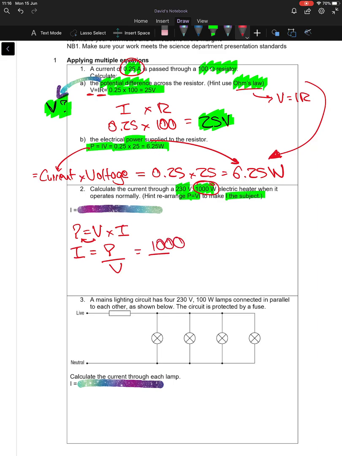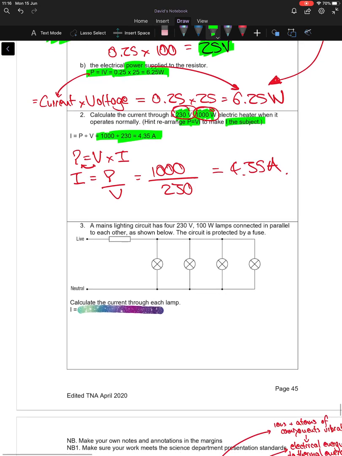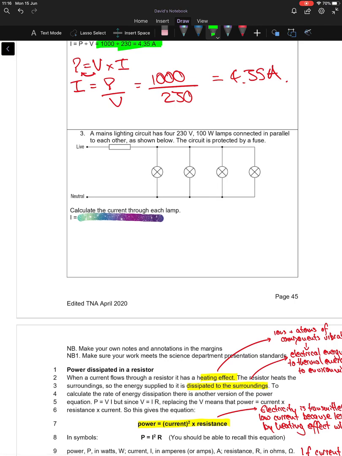What's our power? Hey, what is our power? 1000. What's our voltage? What's got a V next to it? 230. Divide them. Give you 4.35 amps. And as you'll see, got the same answer there.